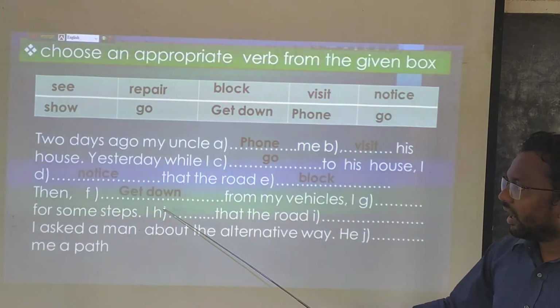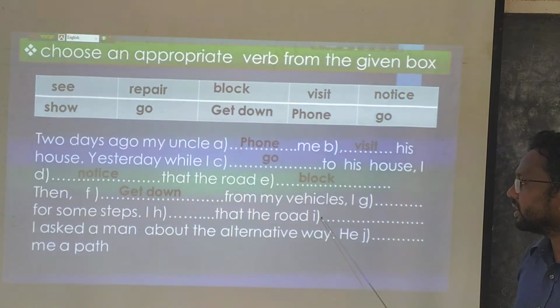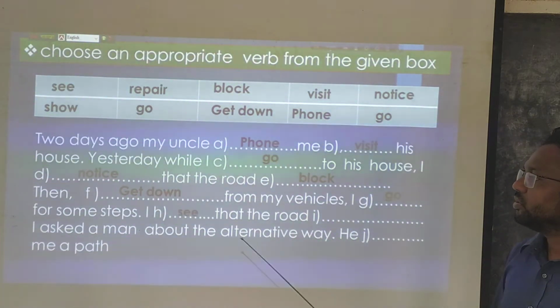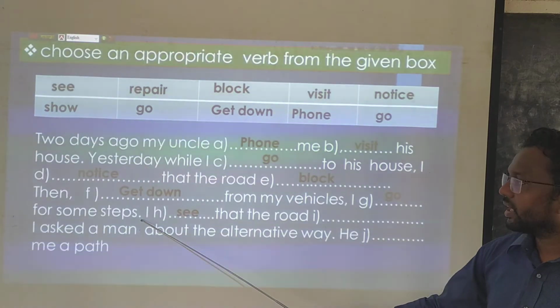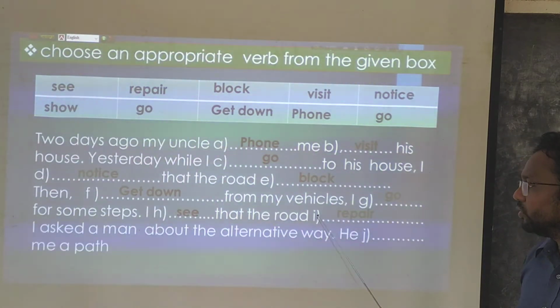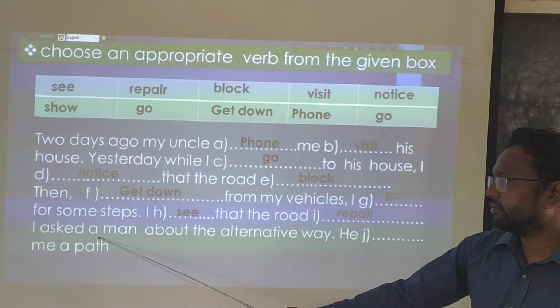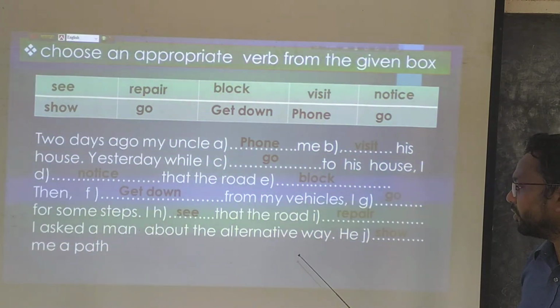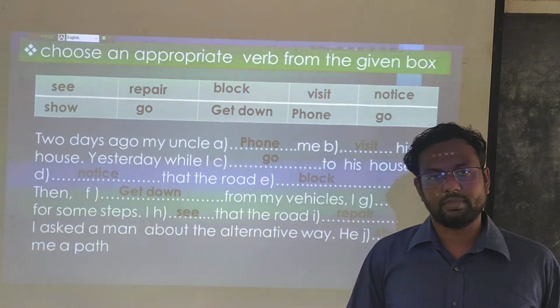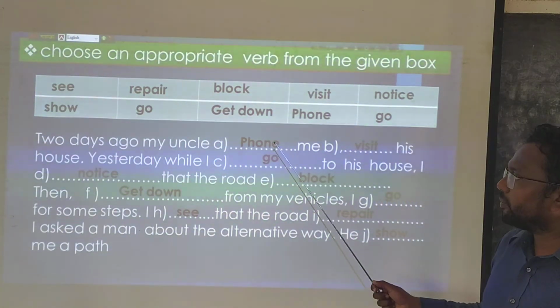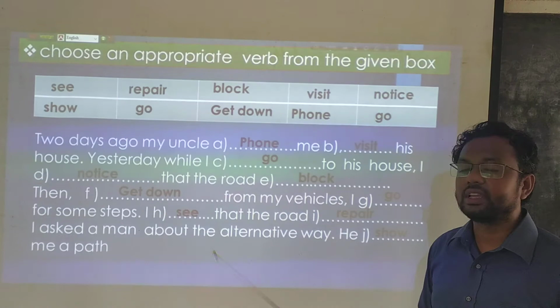Then I got down from my vehicle. I went a few steps. I saw that the road was being repaired. I asked the man about the alternative way. He showed me a path.